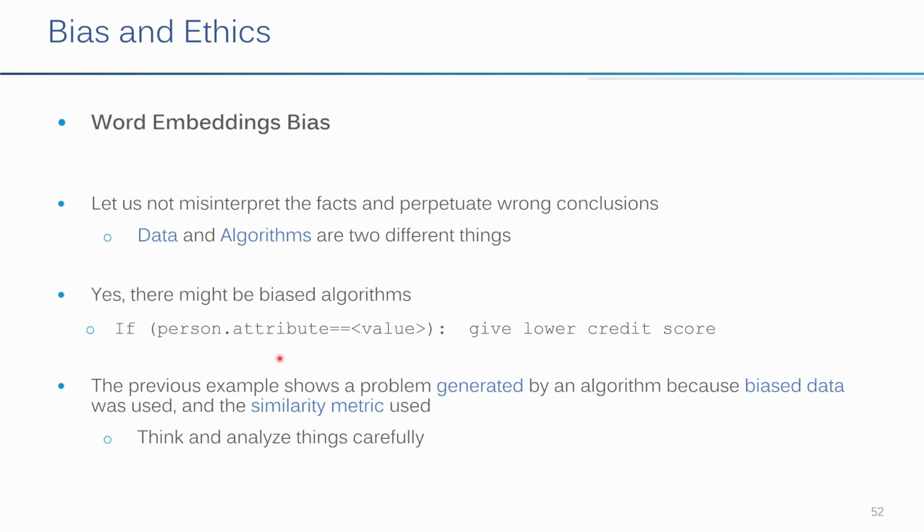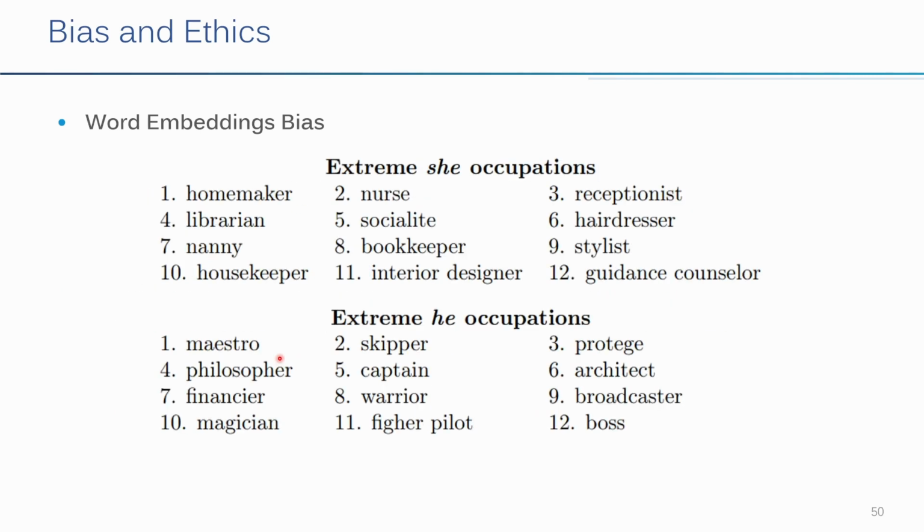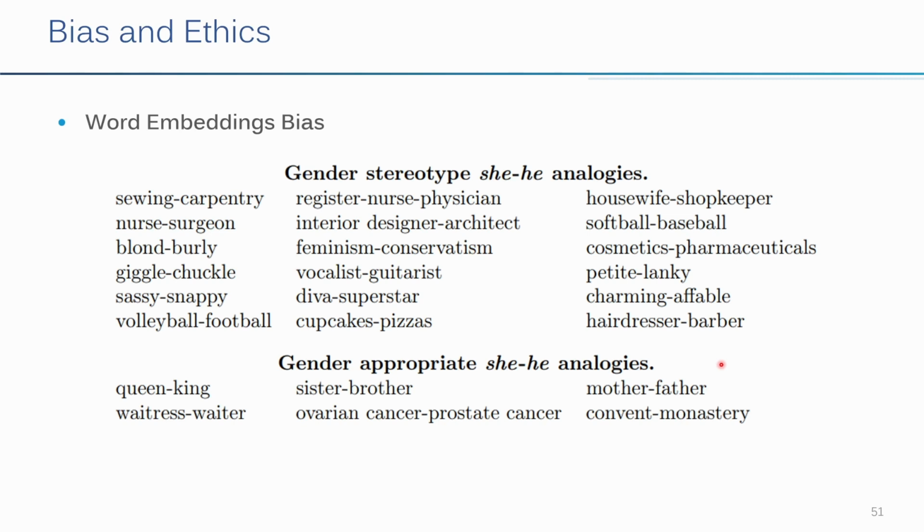If you have data that represents, let's say, she occupations in this upper part right here, and he occupations in this bottom part here, you cannot expect anything more from the model than replicating this, unless, of course, the model uses some sort of technique to try to eliminate these extreme cases and substitute that for something a bit more democratic or realistic.